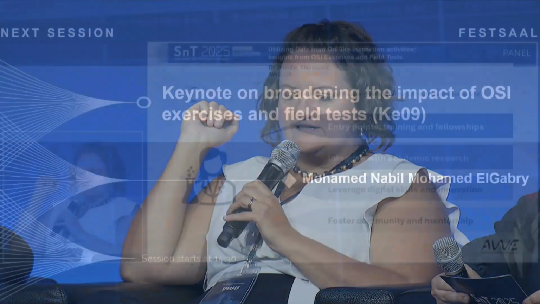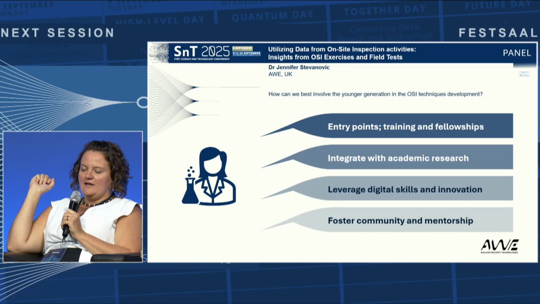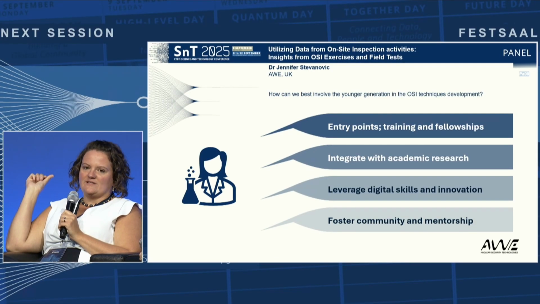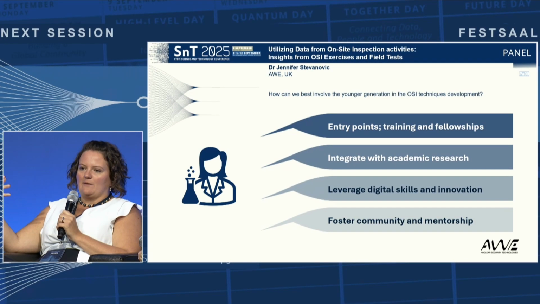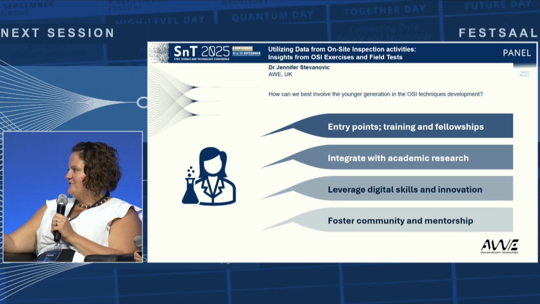Yeah, thanks. Before I start with my points on the slide, I want to pick up on something that Mr. Lee said. If you ask anybody who is involved in OSI, we all feel like we're part of the OSI family. And once you become part of the OSI family, you're in for life.